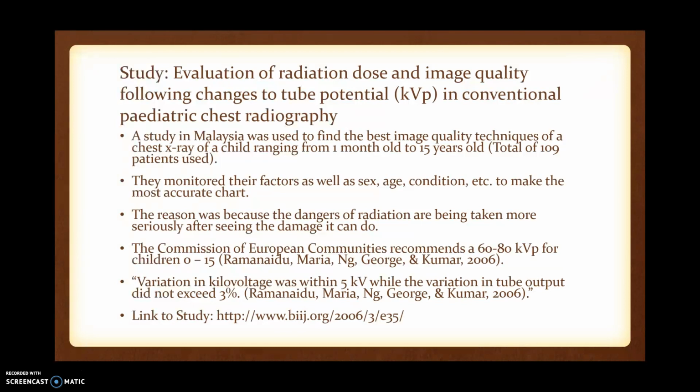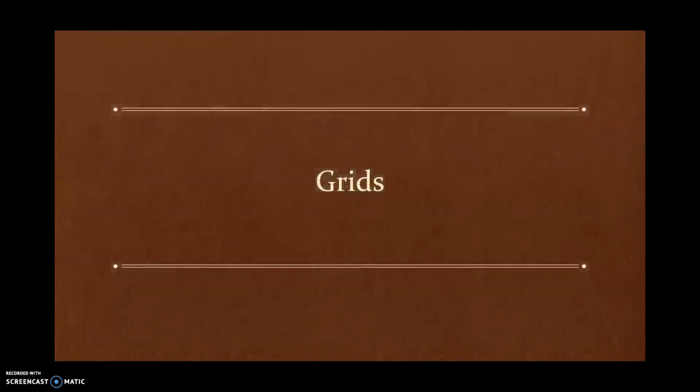So that's why the study was being done. And the Commission of European Communities recommended 60 to 80 kVp for children 0 to 15. Of course, the variation in kilovoltage was within 5 kV, while the variation in tube output did not exceed 3%. There's a link to the study, also provided in the description box.